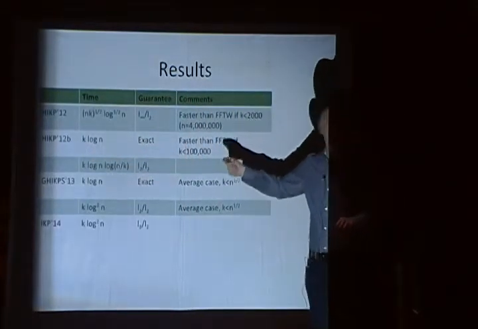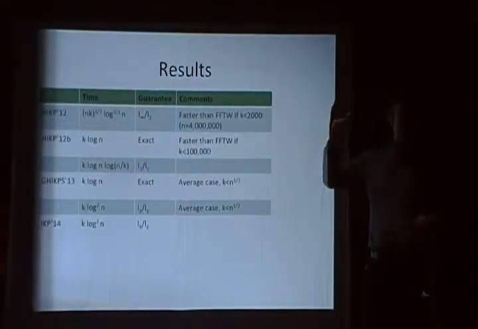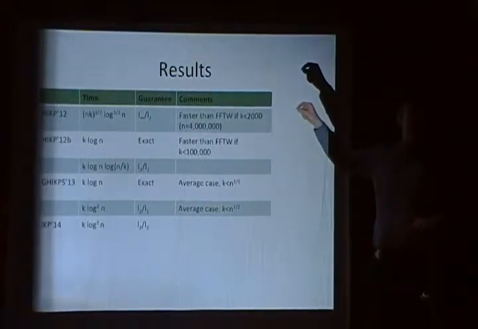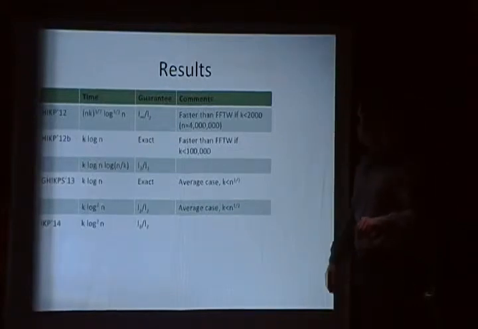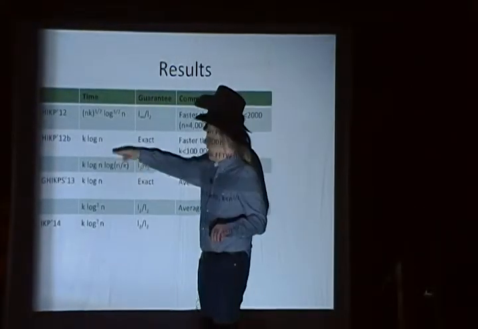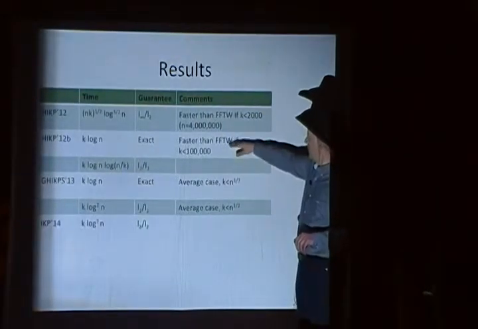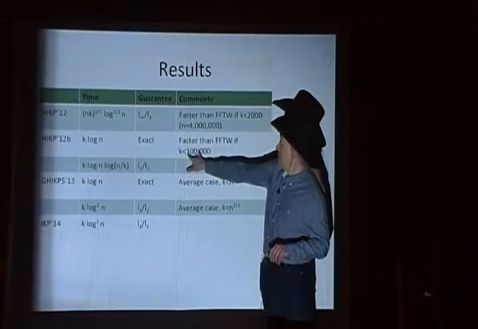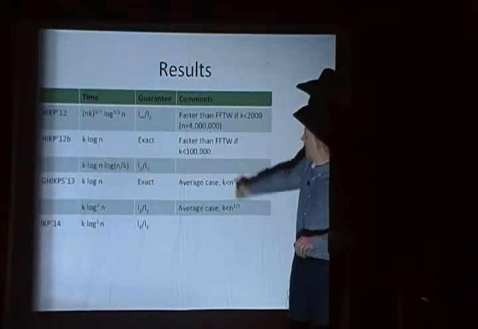This has the property that we're looking for, which is that it's always faster than FFT for any k smaller than n. So, at least in terms of the bound, it is a strict improvement over FFT for all sub-linear sparsities. In fact, we implemented a variant of this algorithm, and it turns out to be faster than FFTW for all k up to essentially close to 100,000.